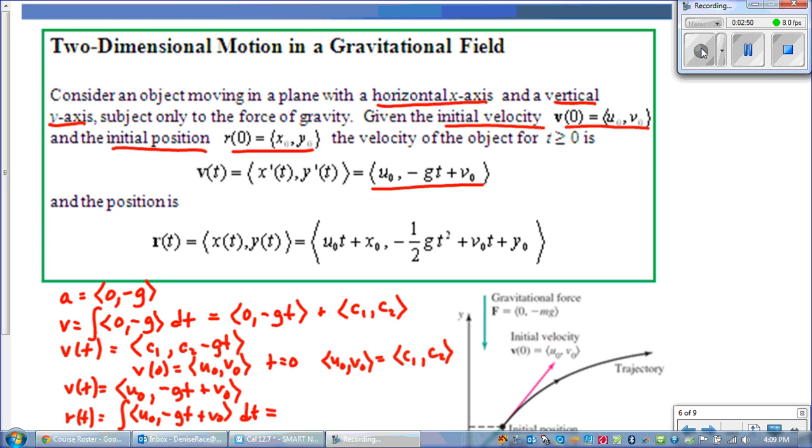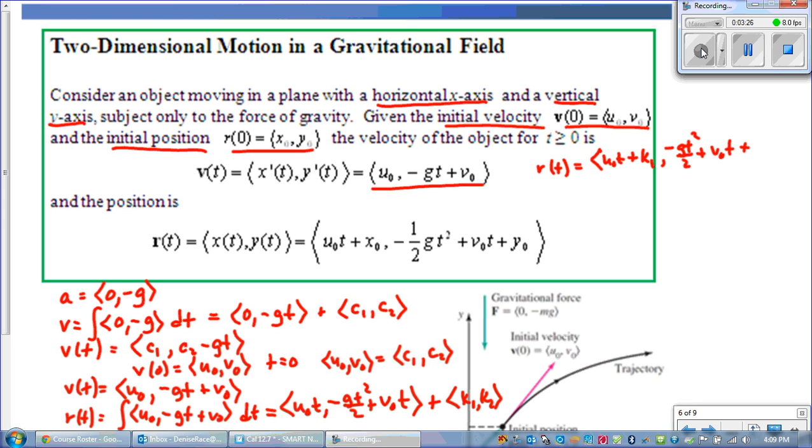But that's just u naught t, minus g t squared over 2 plus v naught t, plus some constant vector. I'll call this one k1, k2. Well, that means then that r of t is equal to u naught t plus k1, and then minus gt squared over 2 plus v naught t plus k2.